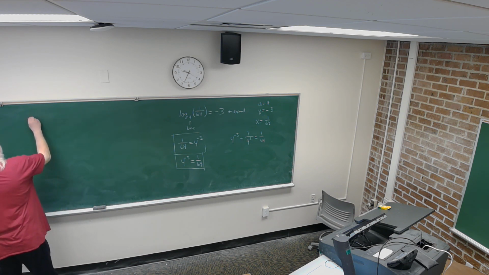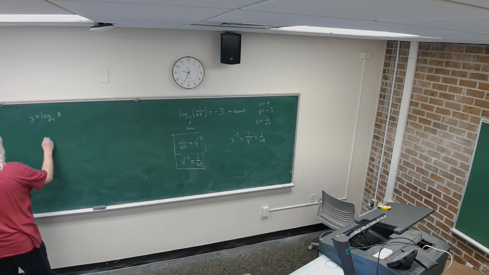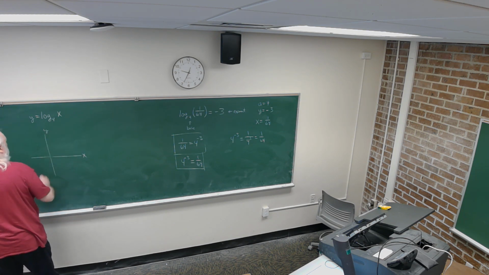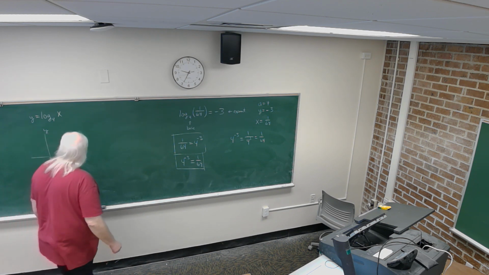So if we start off with the equation log base 4 of x, we know from up above the graph of that equation looks like that, right? Crosses the x-axis at x equals 1.